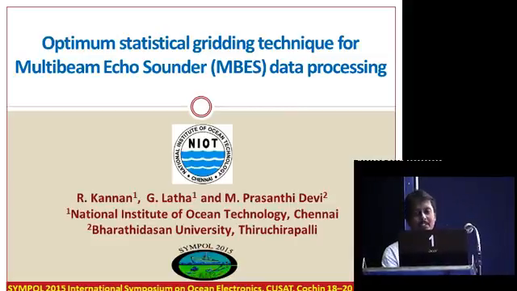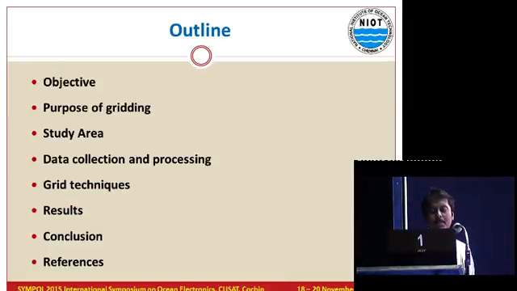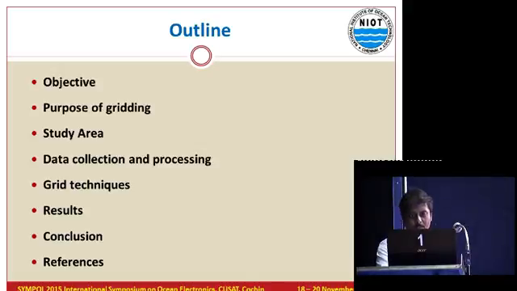The outline of my presentation will be like this. The main objective here is to reduce the center beam pattern effect which is present in the multi-beam data. In order to reduce that, we are applying gridding. That is covered in purpose of grid. Then in study area, we speak about what study area I have taken for this study.